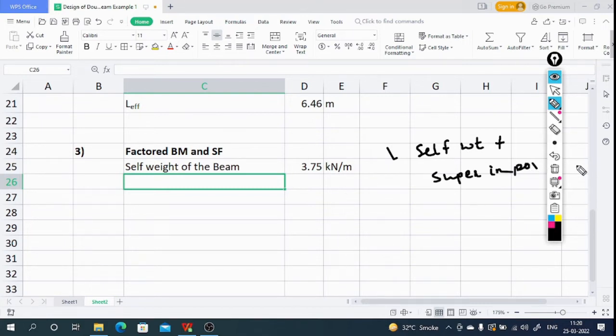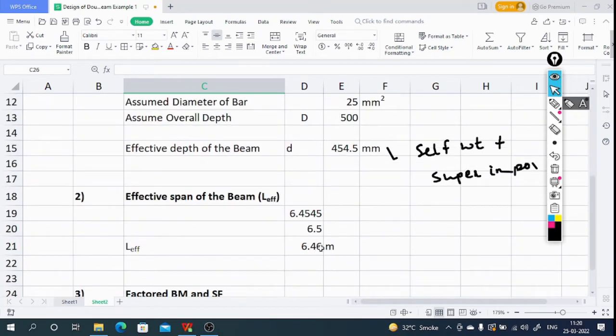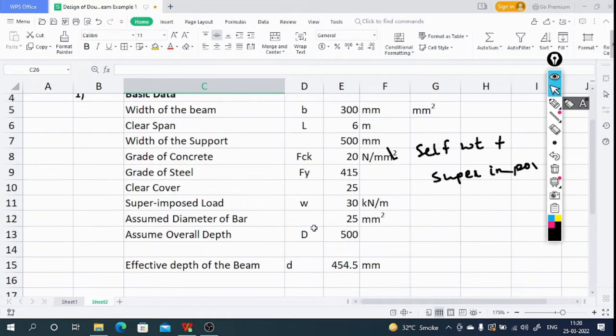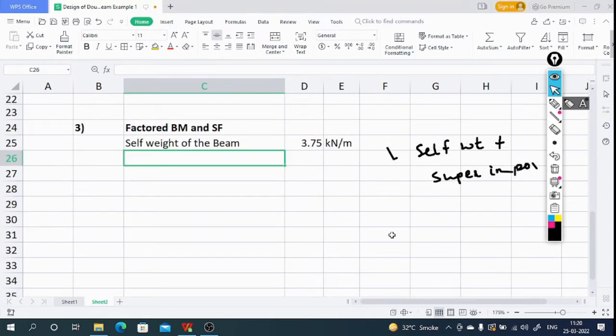The superimposed load is given in the problem statement, and we have calculated the self weight of the beam, that is 3.75 kilonewton per meter. Superimposed load is also in kilonewton per meter. So we get a UDL, the total load is the UDL. We need to add superimposed load plus self weight of the beam in order to get total load.